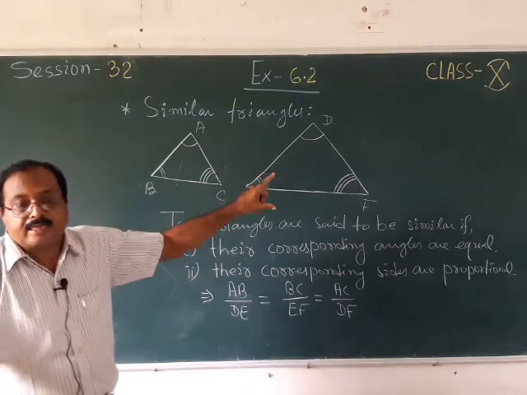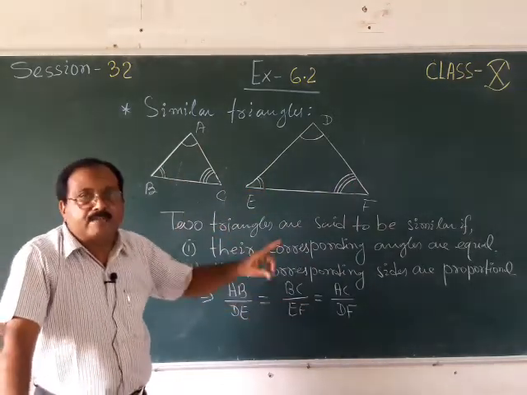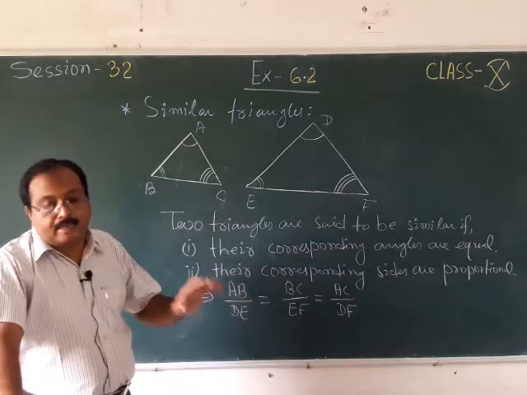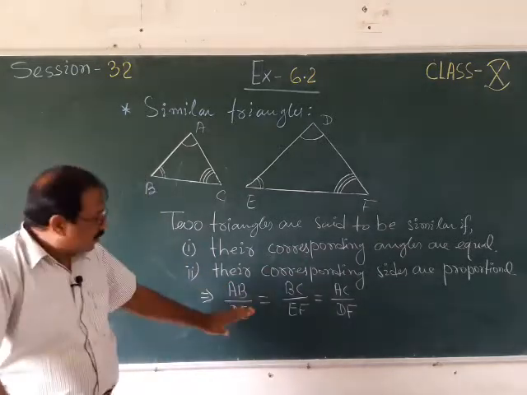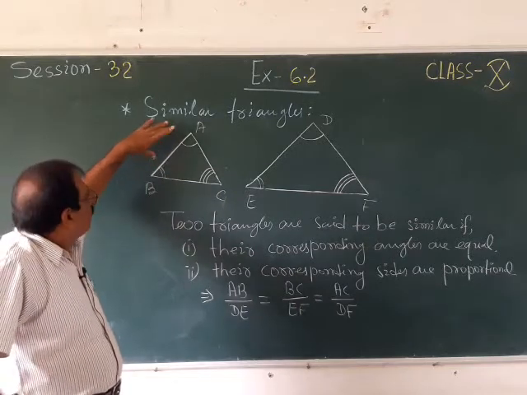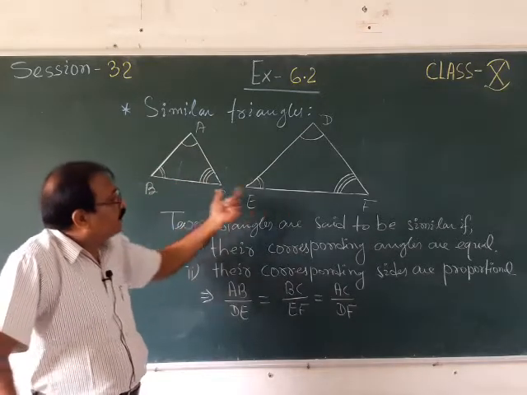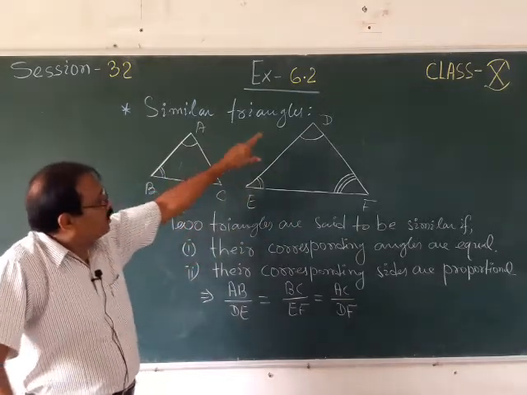This is known as the corresponding sides being proportional. It means you need to write the ratio of the sides AB and DE, then BC and EF, then AC and DF.